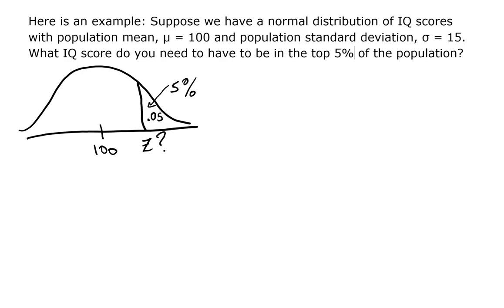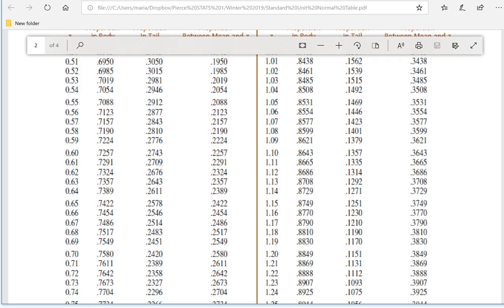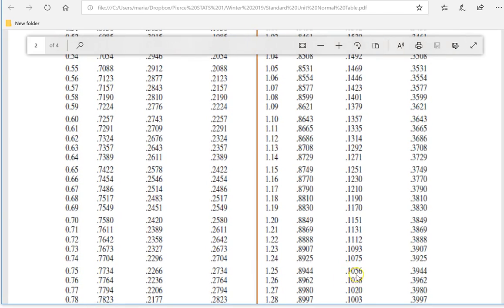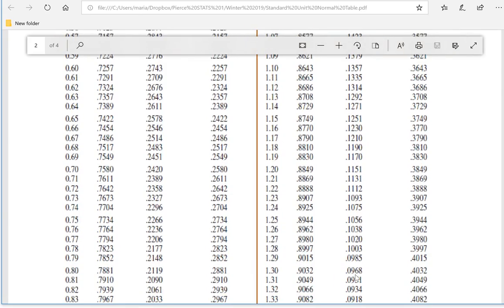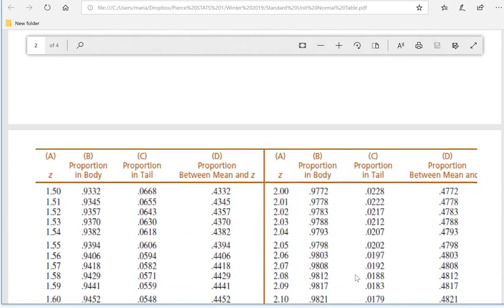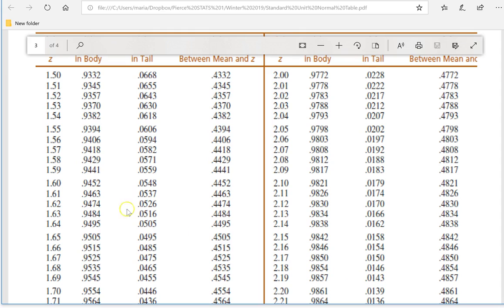So we need to go to the unit normal table, and it's in the tail, so column C, and we need to look at the actual probabilities. So we need to keep going down until we get close to 0.05. Here we go. Here's 0.05, 0.0495.